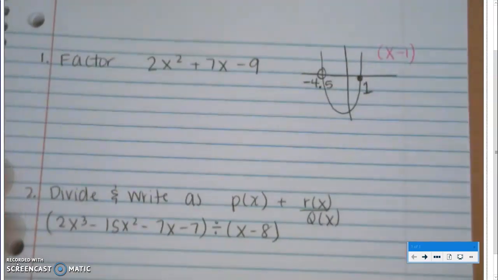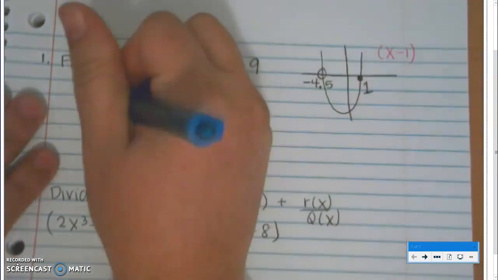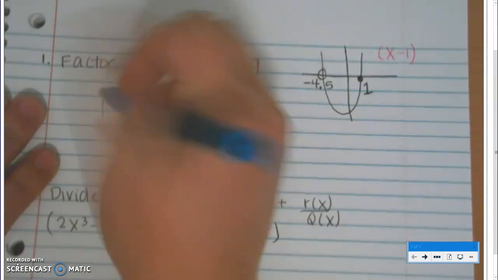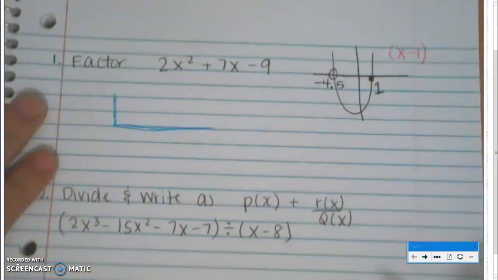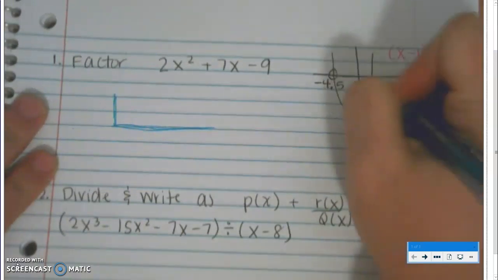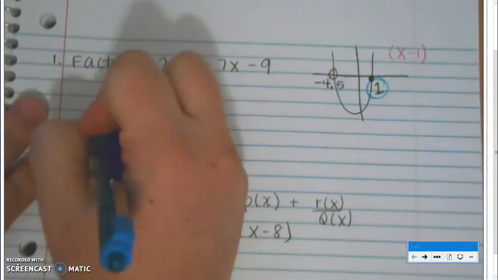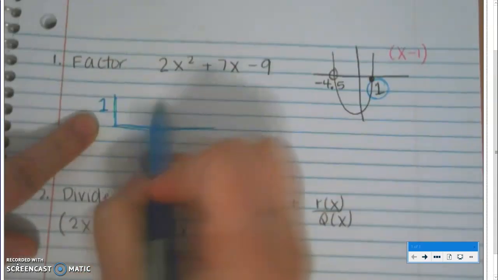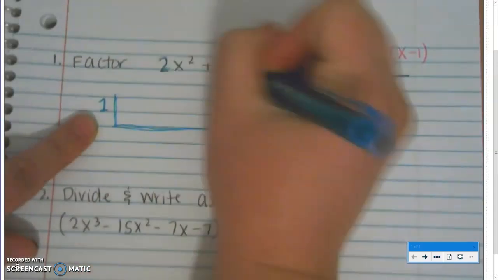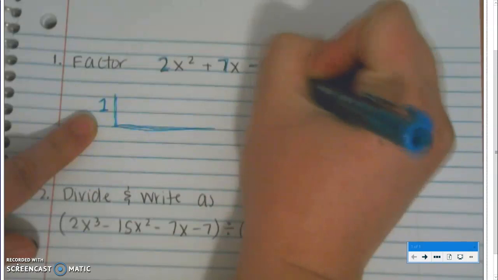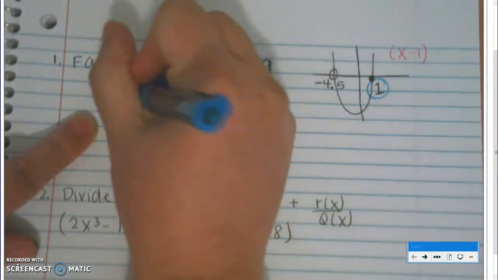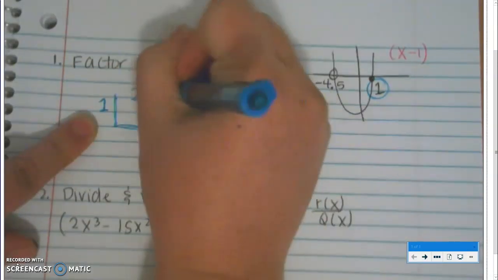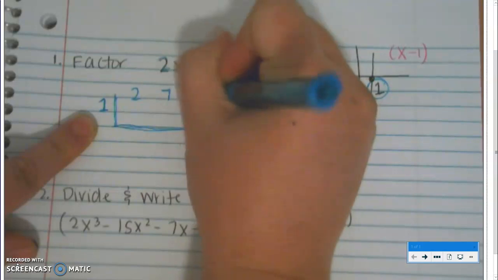So I can set up my synthetic division with the integer x-intercept that I found, so that's 1. Across the top are the coefficients, so 2, 7, and negative 9, making sure that you put a 0 if there's an x that's missing. This one doesn't have any x's missing. So 2, a positive 7, and a negative 9.